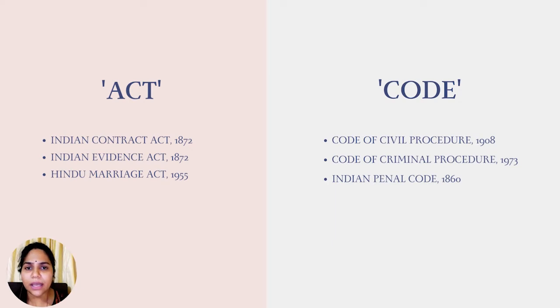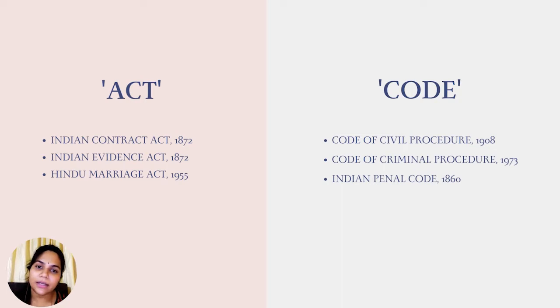So what is an Act? What are those statutes which end with the term Act? These are enacted by the legislature after passing the bill in parliament. So in short, whenever a need arises to bring a new law, an act comes into existence, right?